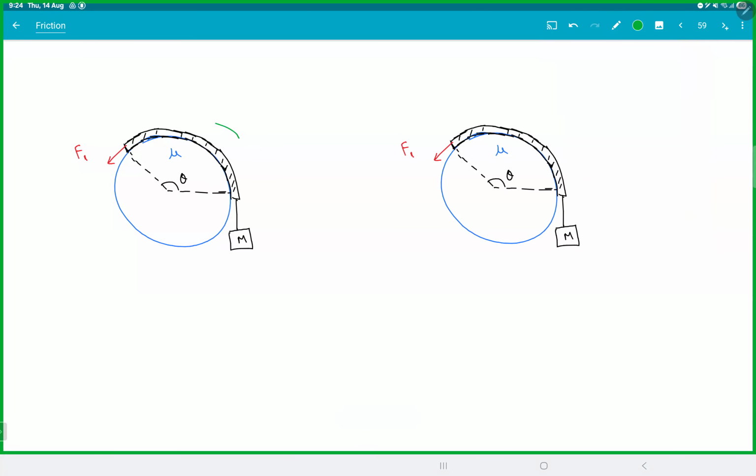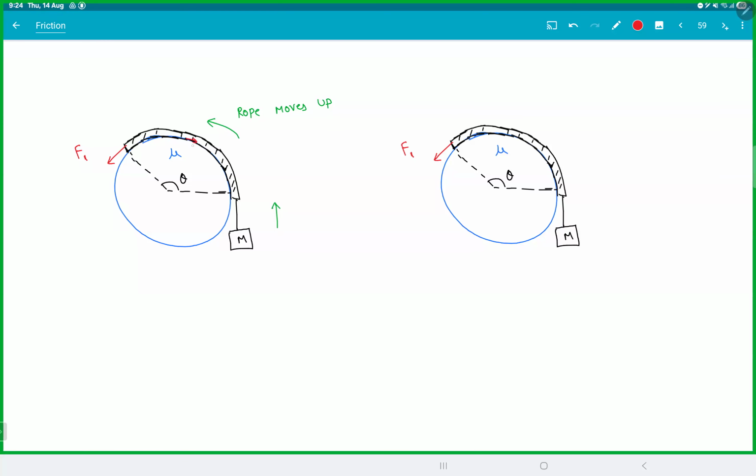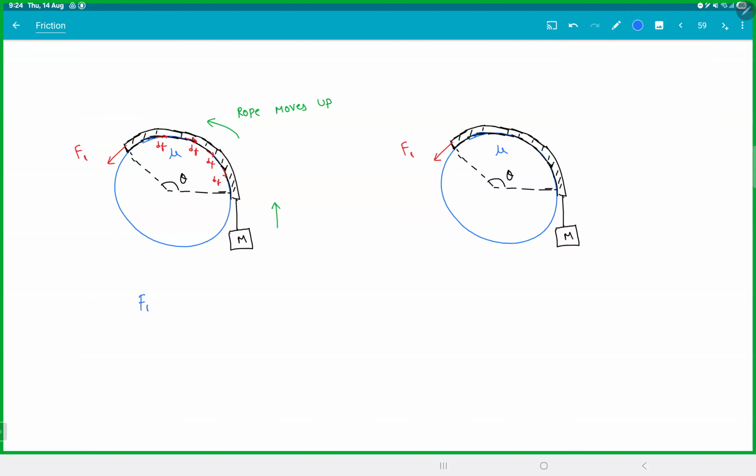If the rope is going this way, then the frictions will be backward. You'll get dF, dF, dF, all these frictions will act backward. In this case, you get the force on the maximum end. So F1 max will be mg into e power mu theta.